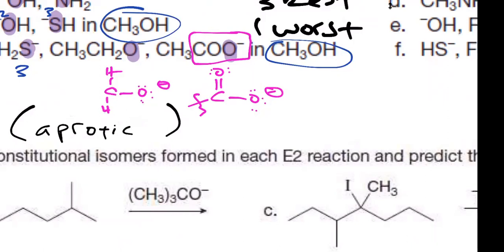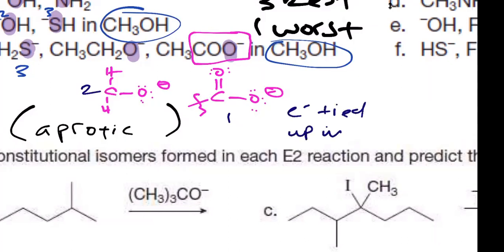Do you think that a pair of electrons in resonance is more available for reaction or less? And why? So this is going to be 2. Oh, I'm sorry, wrong order. This will be 2. That'll be 1. This nucleophile is poor because the electrons are tied up in resonance.